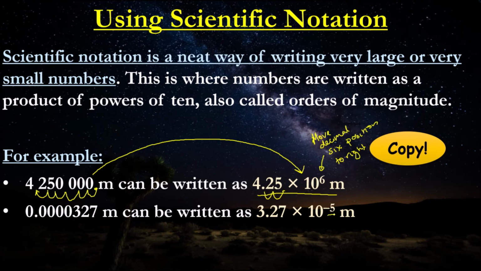Minus 5 means that this decimal point has been moved by 5 positions. So 1, 2, 3, 4, 5 here. If I was to rewrite this, then the -5 means the decimal has moved 5 positions to this side here, like so.